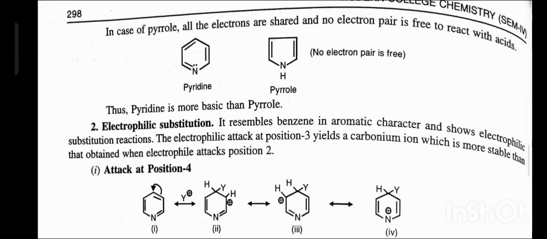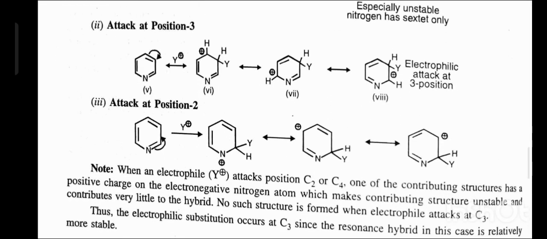Second, electrophilic substitution reaction. Pyridine resembles benzene in aromatic character and so undergoes electrophilic substitution reactions. The electrophilic attack at position 3 yields a carbonium ion which is more stable than that obtained with electrophilic attack at position 2.